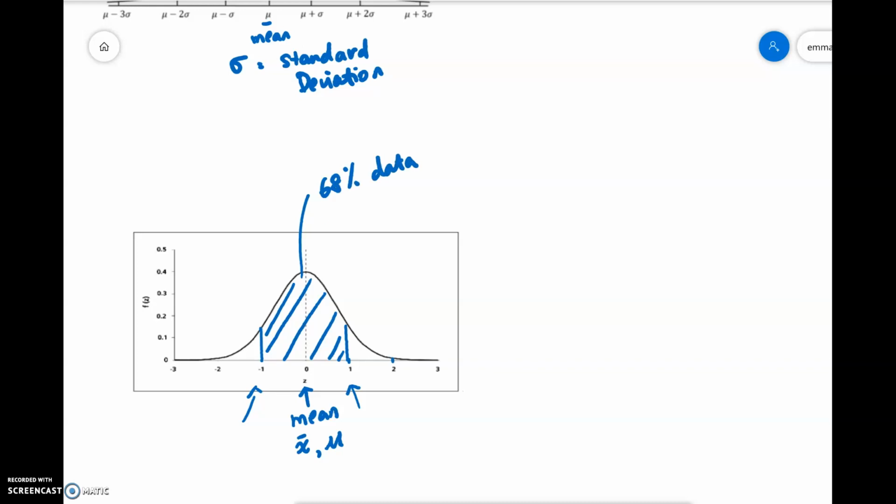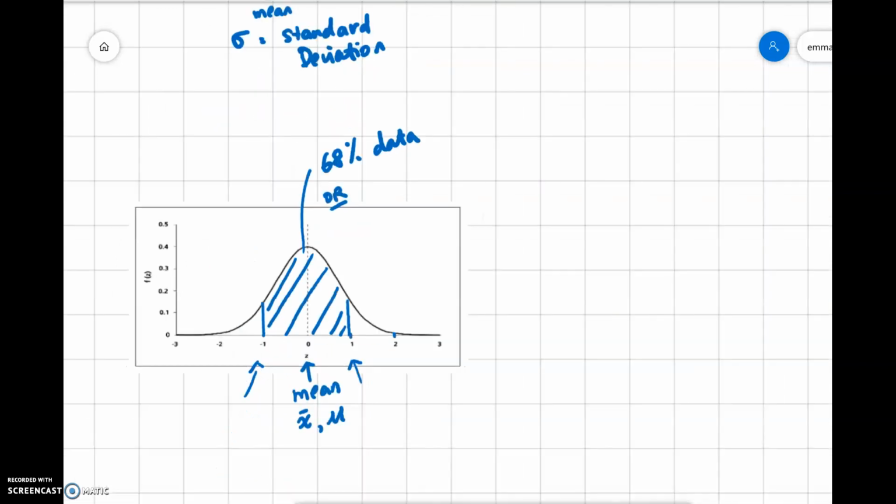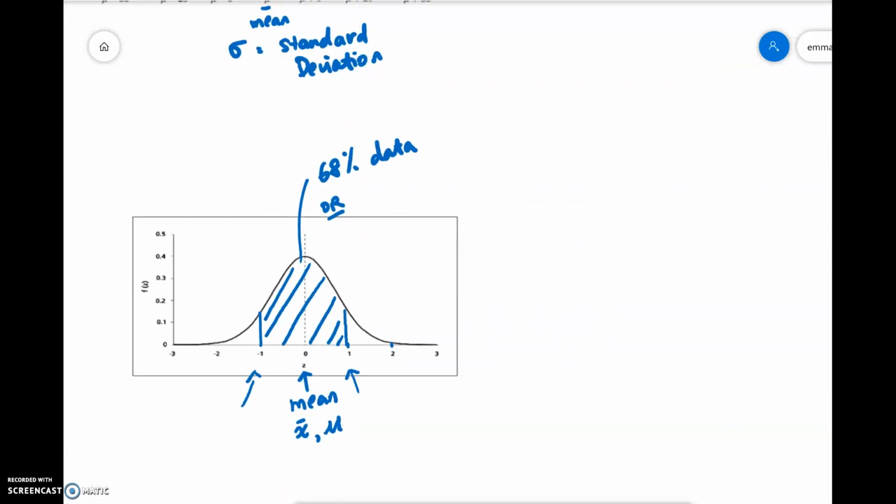But also in chapter 6, we're going to talk about this region, where anything that happens between -1 and 1 is going to be 68%. So that is going to correspond to the area under the curve activity.